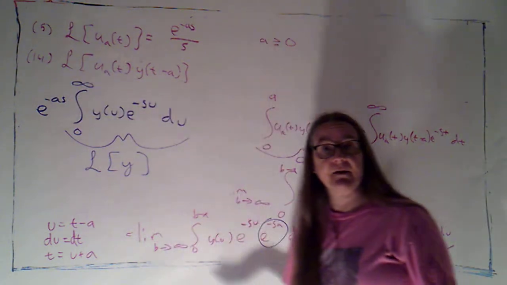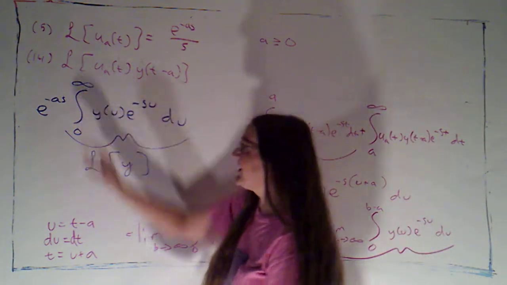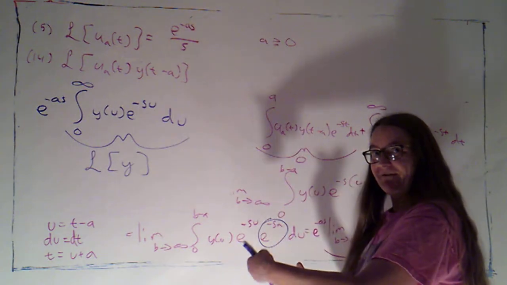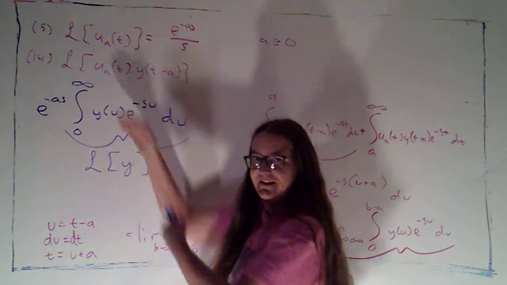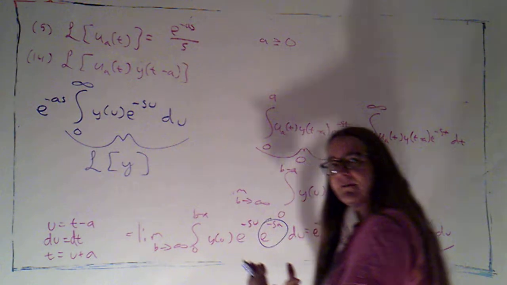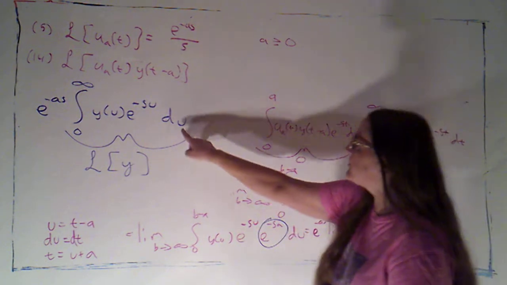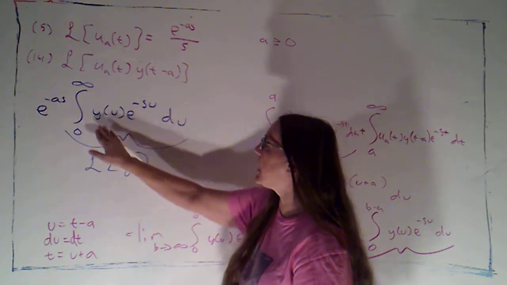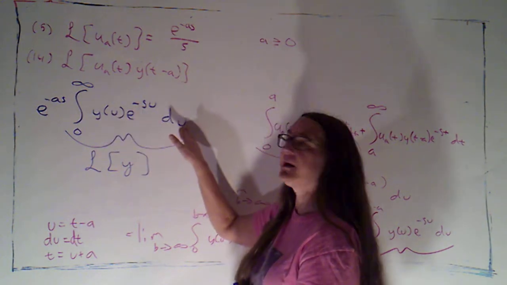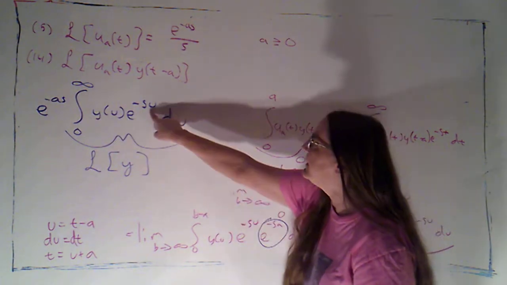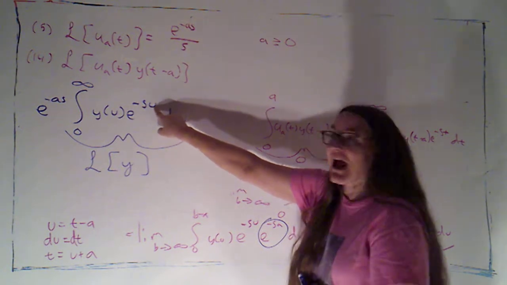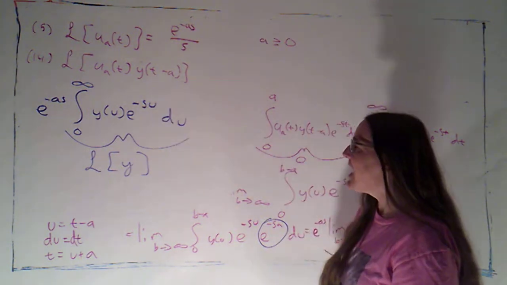Because what's going to happen with an improper integral like this is I'm going to plug in my limits of integration, except I can't plug in infinity, so I'm going to plug in a variable and then take the limit. I'm not going to have any u's or t's in things. So this is really just a dummy variable. I'm evaluating this at a point and I'm integrating with respect to that variable, multiplying by e to the negative s times that variable. Okay.